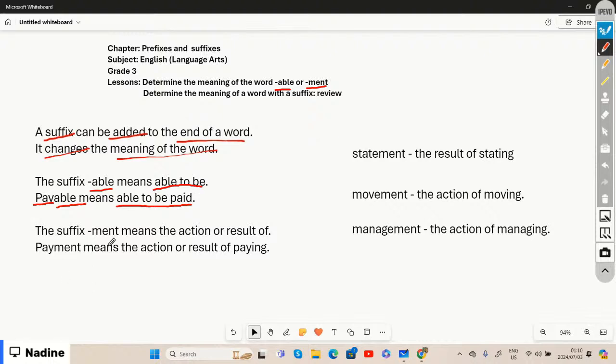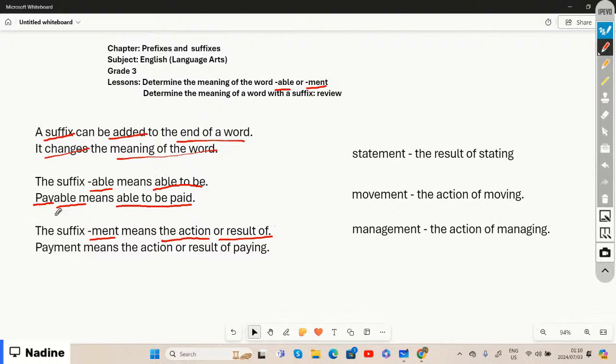And then we have the suffix ment. When it's added to a base word, the suffix ment means the action or the result of. So ment is the action of something or the result of something.